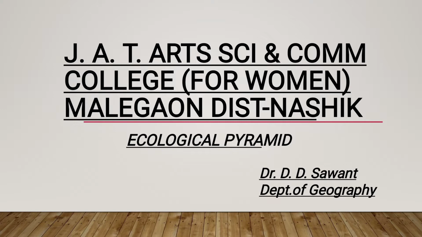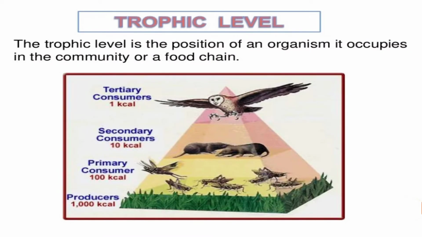Today's topic, which I have selected, is the ecological pyramid. As we look into the nature and pathway of transfer of energy through different trophic stages, as we say levels, and total biomass at each trophic level, we find certain common characteristics.